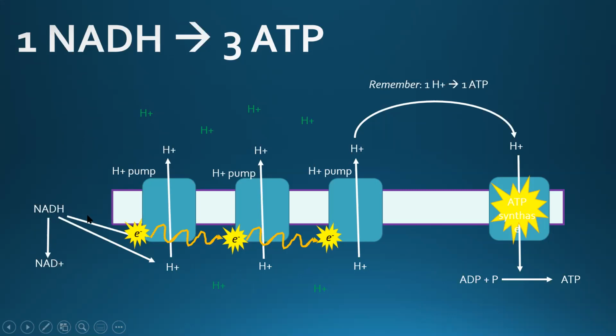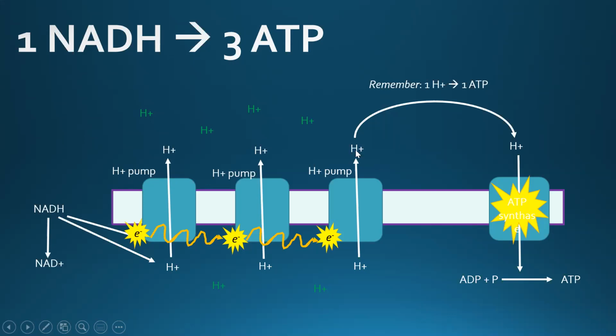So NADH approaches the complex, and it's going to strip the electrons off of NADH. So it's going to strip 1, 2, 3 electrons, and then you have the 1, 2, 3 hydrogen ions, because you're not actually stripping electrons, you're stripping hydrogen ions. So then the hydrogen ions, 1, 2, 3 from NADH, are going to produce 3 ATP.